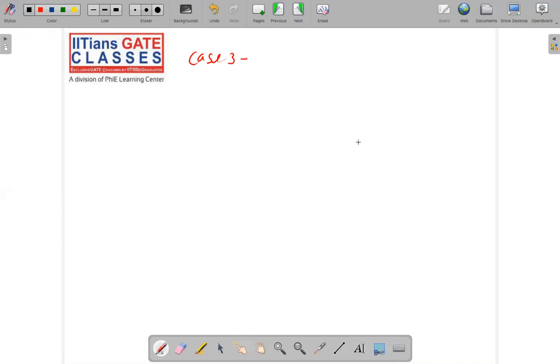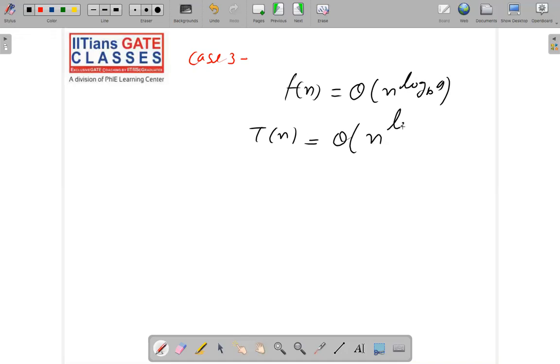Here it says that if f(n) is equal to theta of n to the power log base b of a, then in that case T(n) is equal to theta of n to the power log base b of a, and we are multiplying this whole term with log n. So this is the solution.